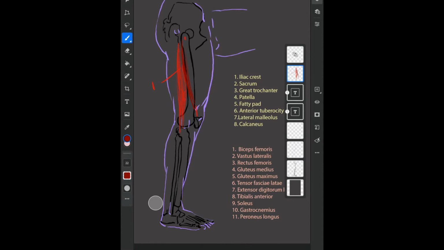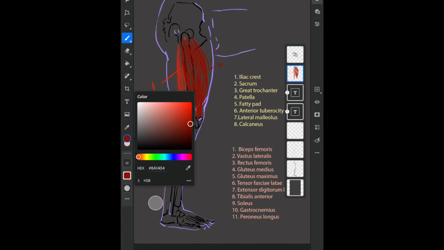So vastus lateralis occupies probably about 2/3 of the surface area of the leg on the outside. Most of what you're seeing from the side here. Really big muscle. That's going to be number 2, our vastus lateralis.